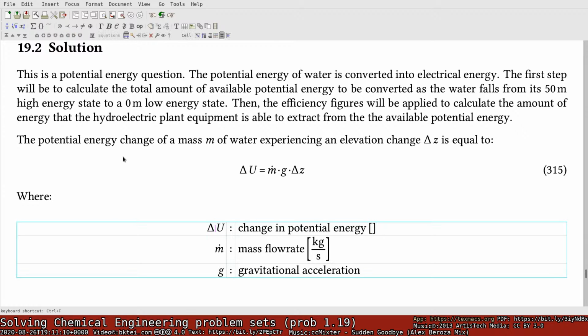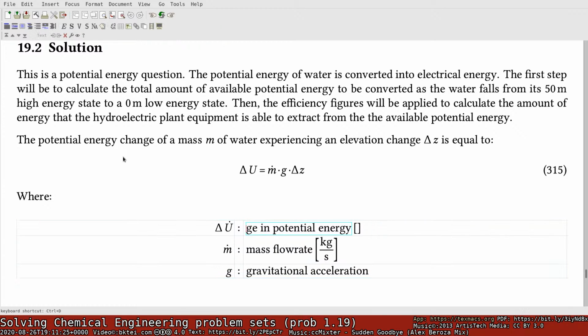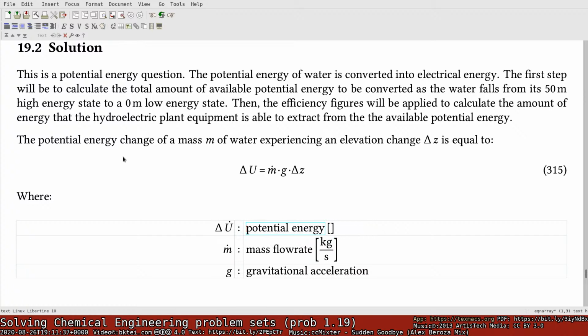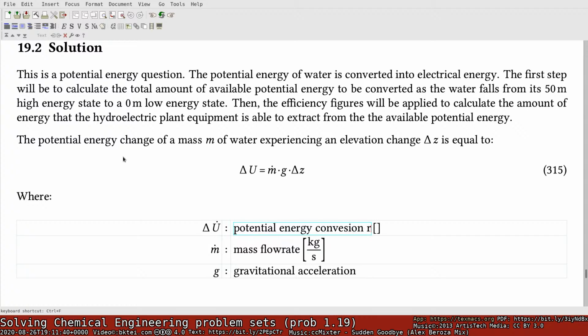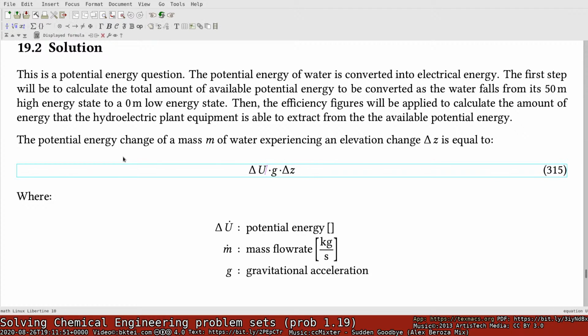Well, it has to be a rate. So we'll do that. Change in potential energy flow rate, or potential energy conversion rate. No, not quite. Let's just take the question of rates out of it, just for now.